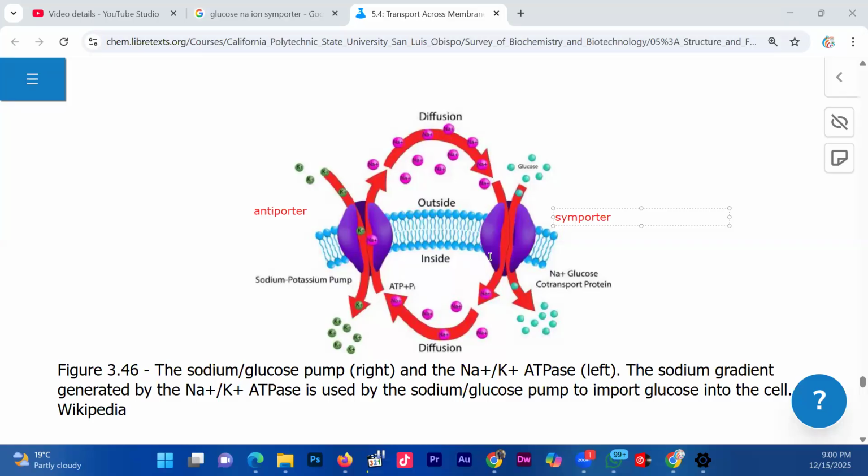Increasing what? There will be a high concentration of sodium ions, increasing the uptake of glucose into cells.